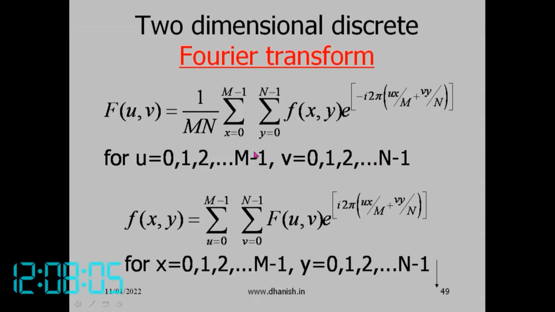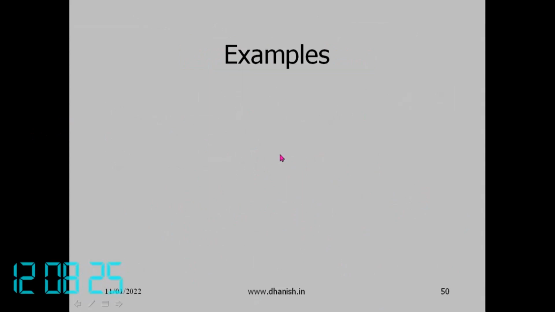Okay, this is the inverse transformation. First you convert it to the Fourier transform, and then you invert it back to get the original image, but after removing some high frequency data, etc. So that is the Fourier transform.